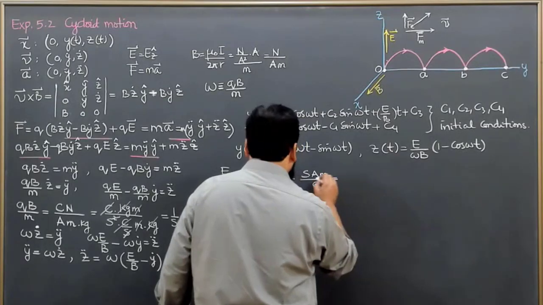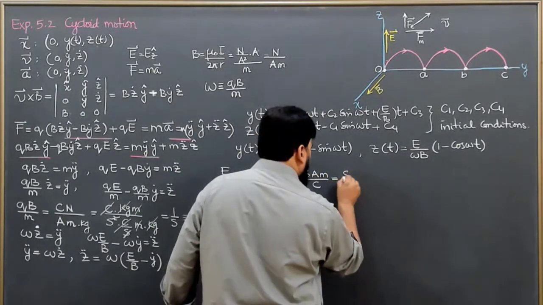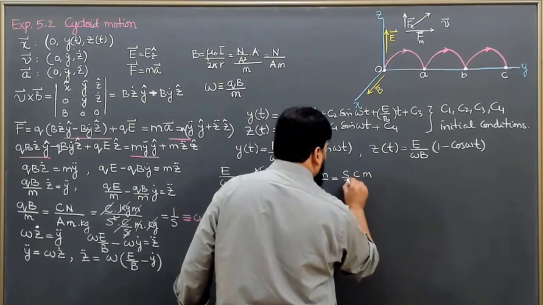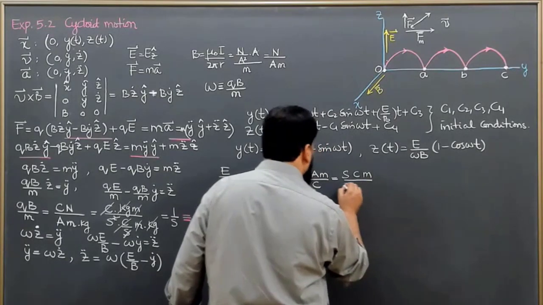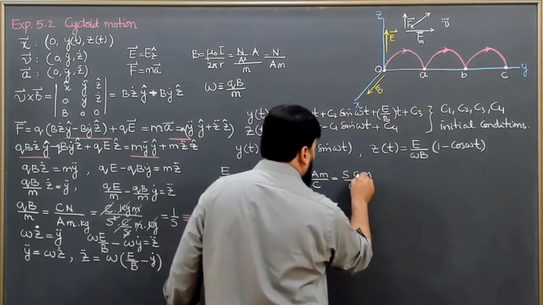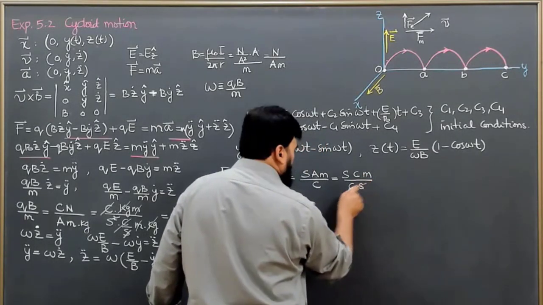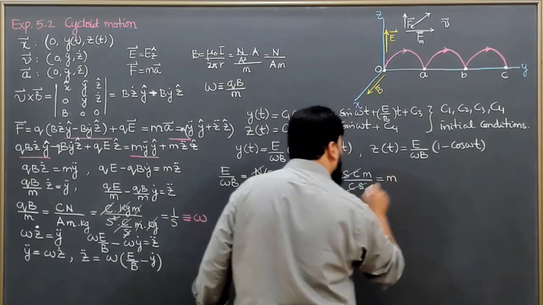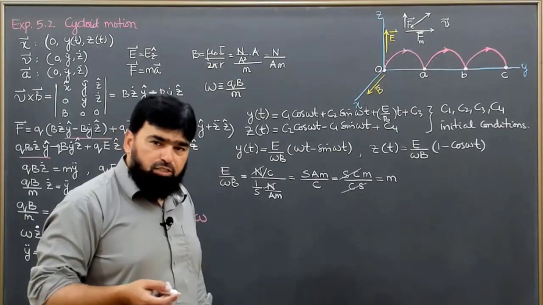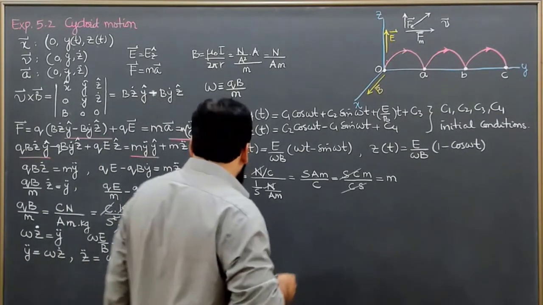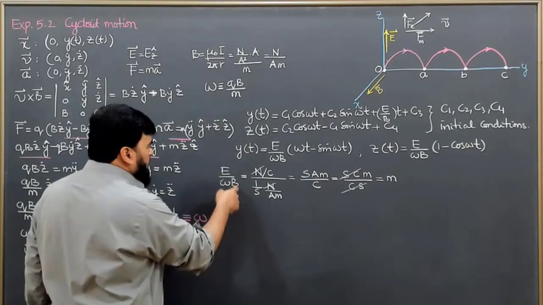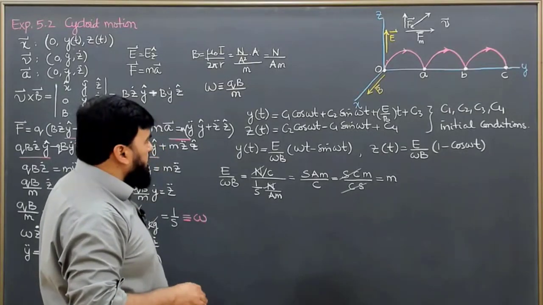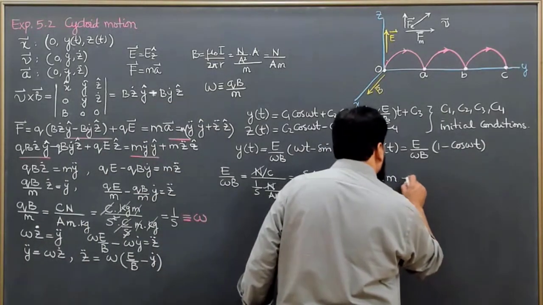Now ampere is Coulomb per second, so Coulomb per second cancels with Coulomb per second, and we are left with m, and m is the length dimension. So this means E over omega B is basically the radius of the circle.